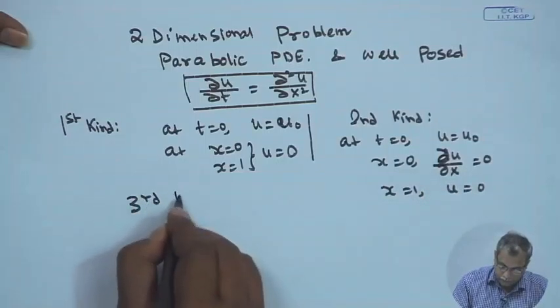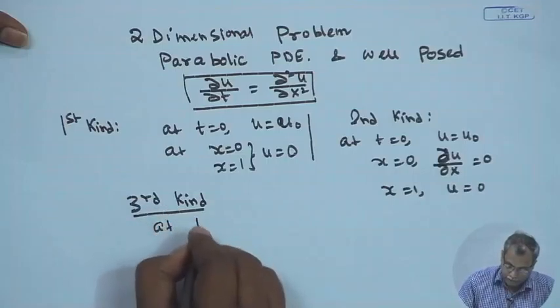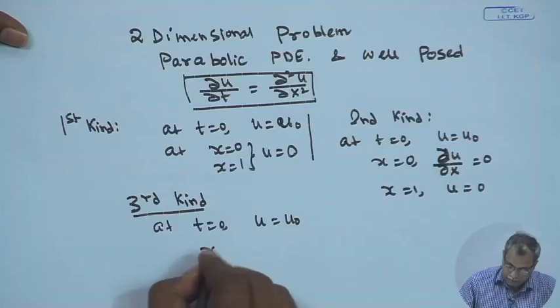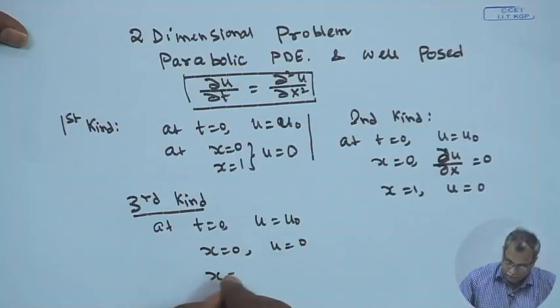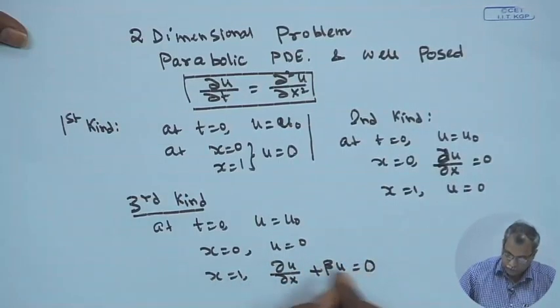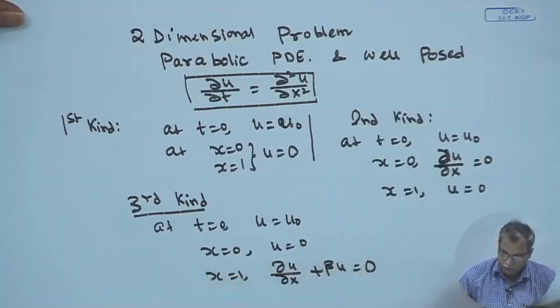The third kind will be at t is equal to 0, u is equal to u naught, at x is equal to 0, u is equal to 0, and at x is equal to 1, del u del x plus beta u is equal to 0. So, this will be the third kind of boundary condition.